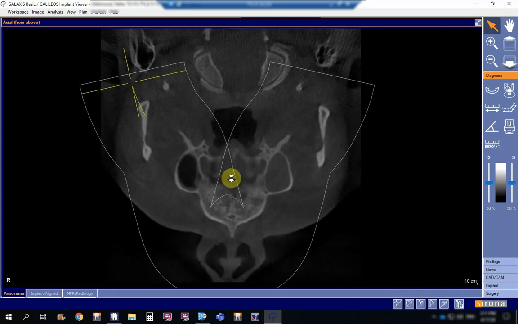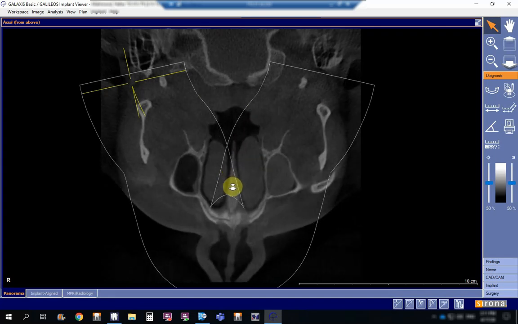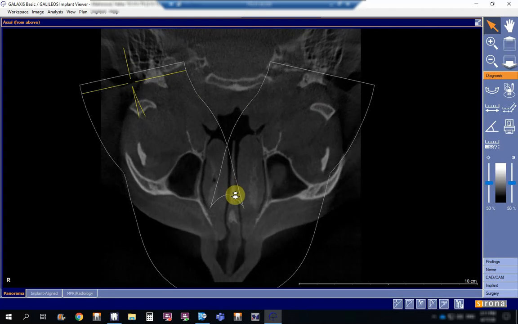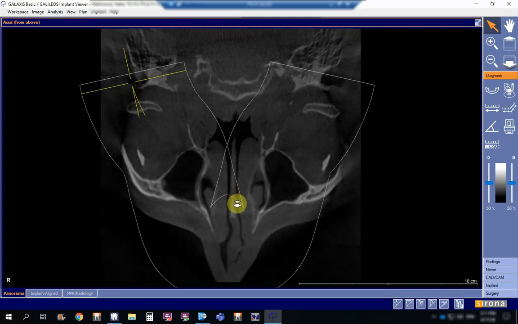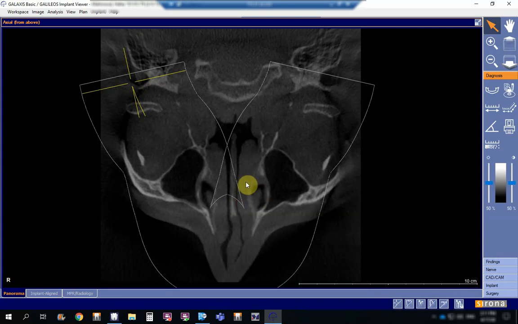I will go up. I'm going up. Now the sinuses started to appear in their maximum thickness. This is the meatus, and we are starting to have now the nasal wall or the nasal septum.